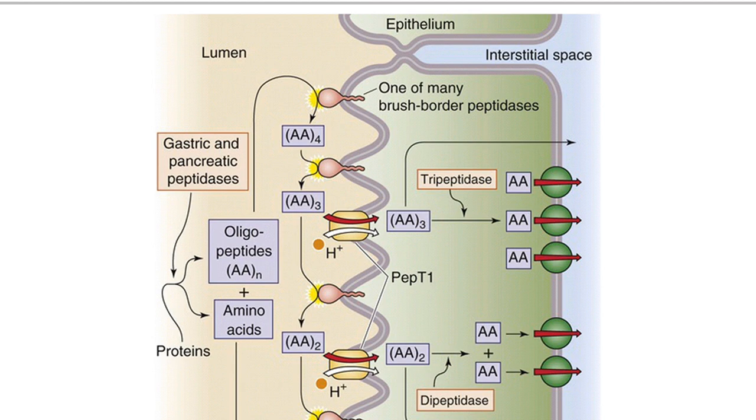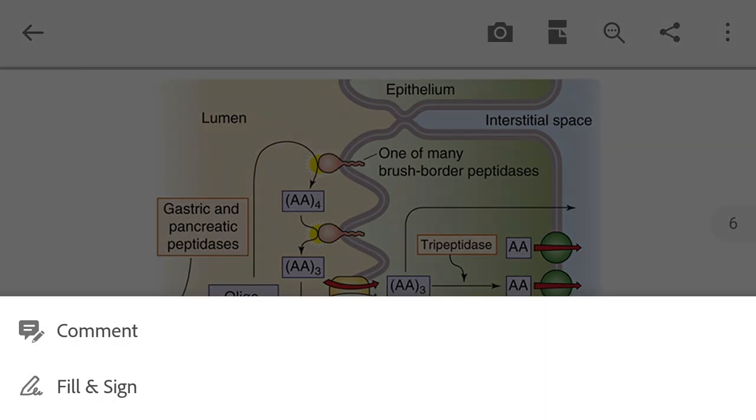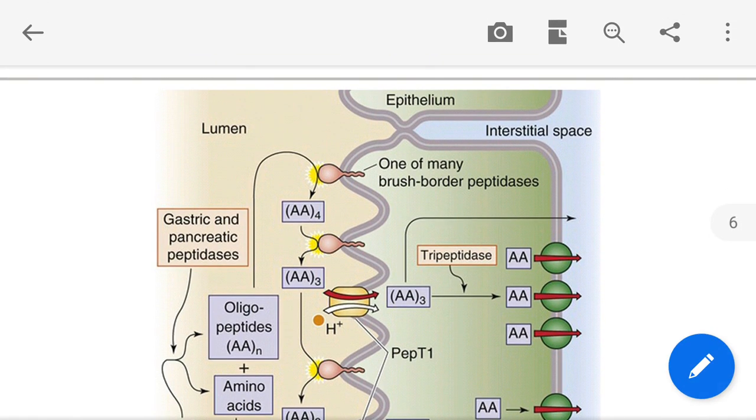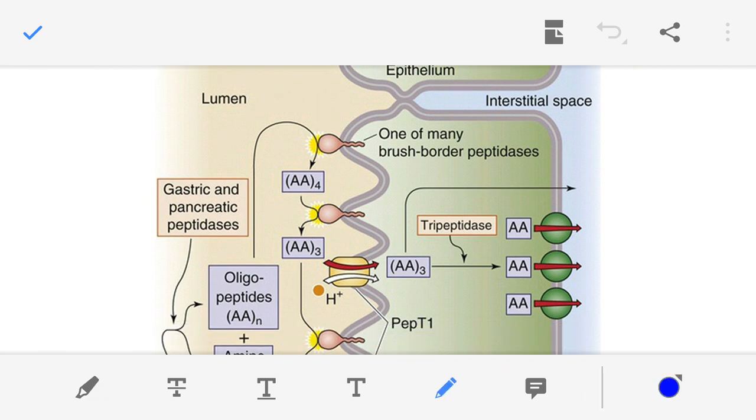So here you see this is the lumen of the small intestine.